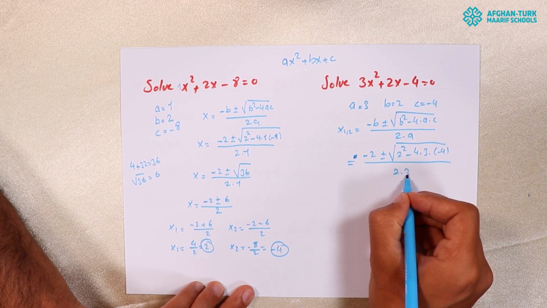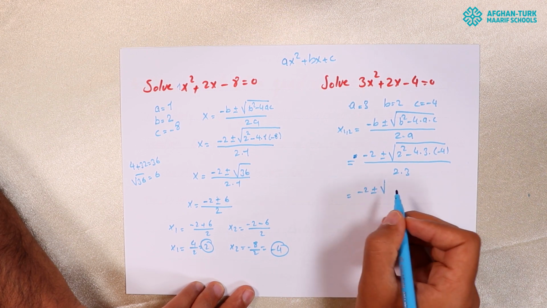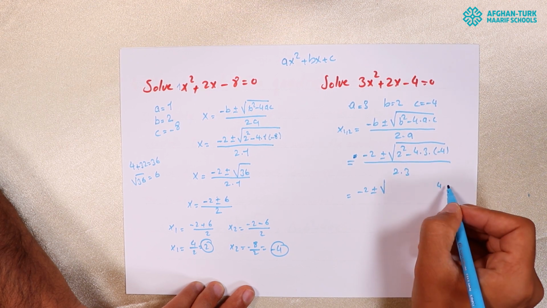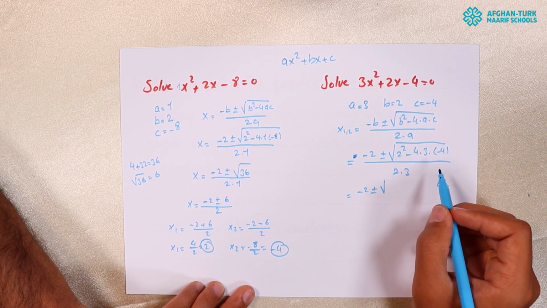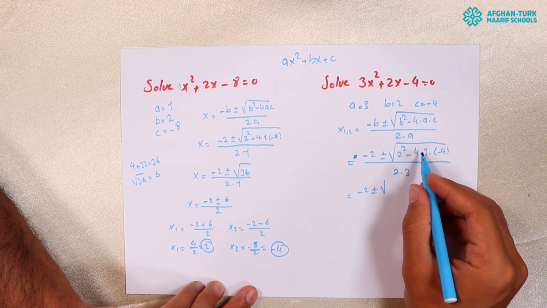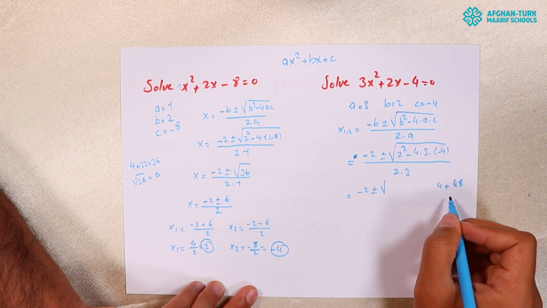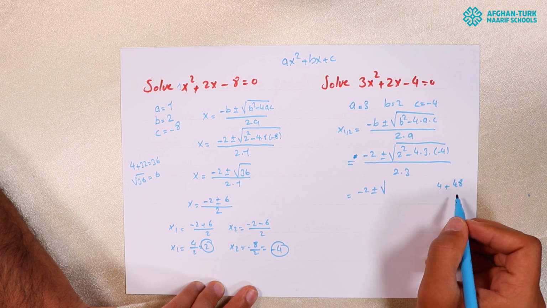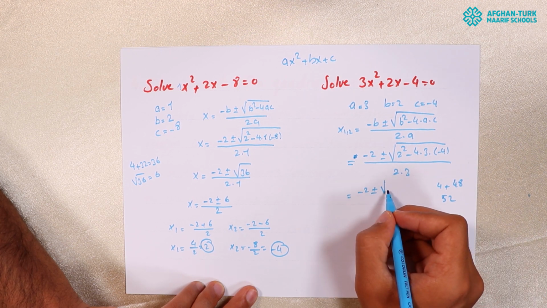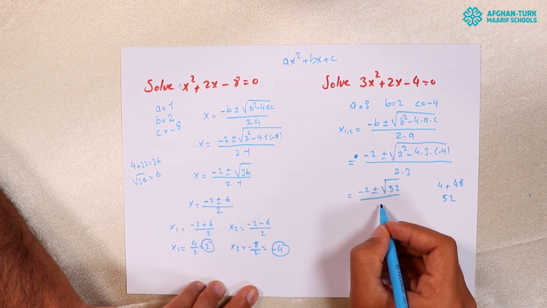2 times 3. So the answer will be minus 2 plus or minus the square root of 2 squared, which is equal to 4, minus times minus plus 4 times 3, 12. 12 times 4 is 48. Am I right? So 4 plus 48 is 52, over 2 times 3, which is 6.